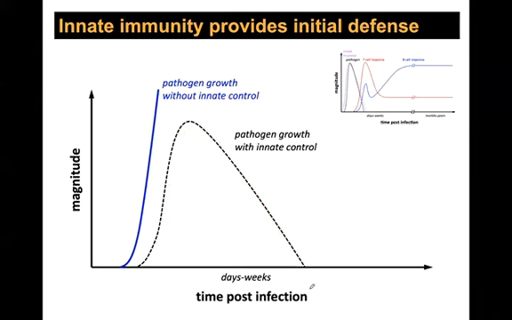But if you have mice that have defects in either recognition or elimination of pathogens, then when you infect them with either bacteria or a virus, that pathogen is not controlled. You can see that the pathogen keeps going up, and usually those mice are susceptible to disease and will succumb to it. Okay, so we know the innate system has a very important job for initial defense, as well as informing the adaptive system.